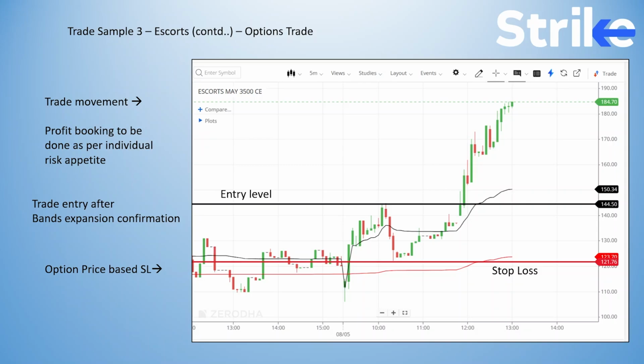And the stop loss for the trade will be the nearest swing low of that options price chart. Please note, it will not be the swing low of the stock price chart or the underlying price chart. It will be the swing low of the options price chart on the 5-minute chart. So the stop loss on this basis in this case was 121.